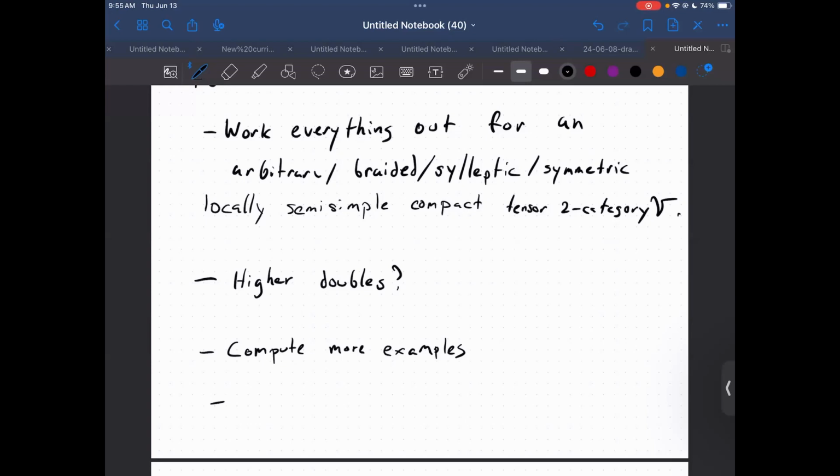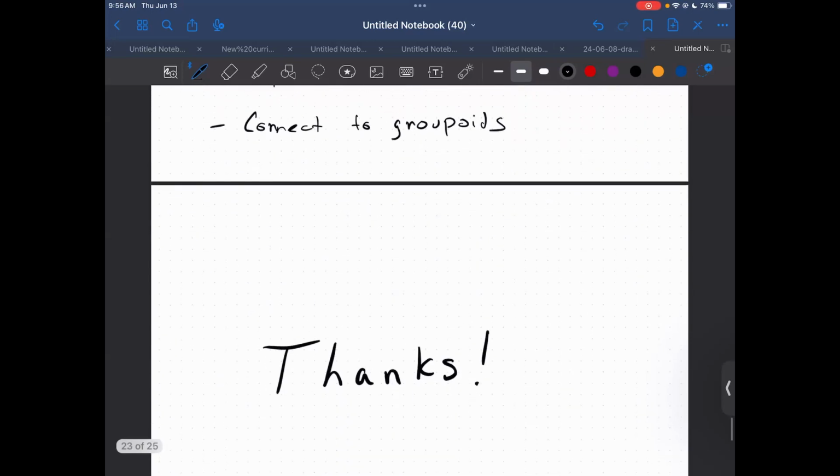If you have two groups, G and H, and you run the reconstruction story and you conclude that their group algebras are isomorphic as Hopf algebras, you need an additional theorem to move from there to get that G is isomorphic to H. So I want to prove that to connect to the groupoid story. Okay, and that's everything I wanted to tell you about.